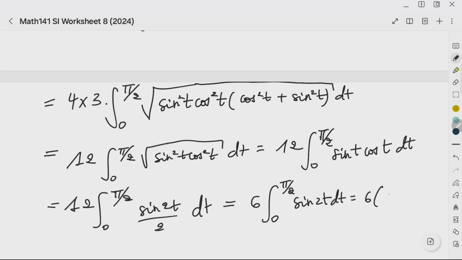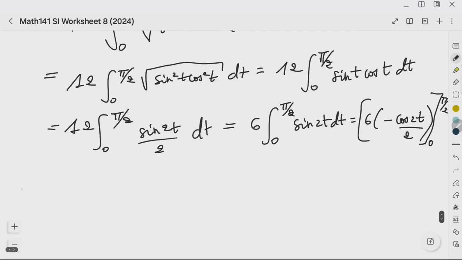which is 6 multiplied by minus cos 2t over 2, all evaluated between 0 and pi over 2. And that gives us what? The 6 divided by 2 again gives you 3 multiplied by minus cos of pi minus cos of 0.